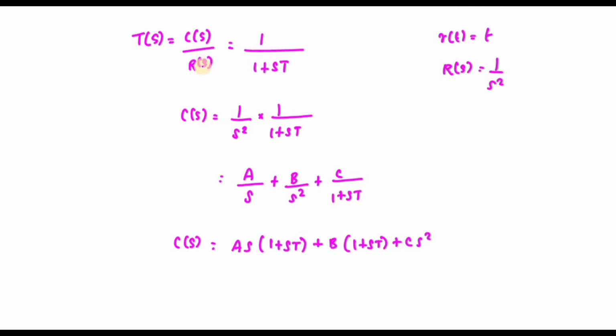Let me equate this to 1, because this is equal to 1 divided by s square into (1 + sT). Here also, if I divide, I get 1 divided by s square (1 + sT), so these two get cancelled out.